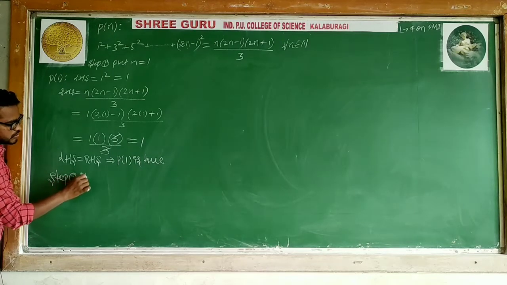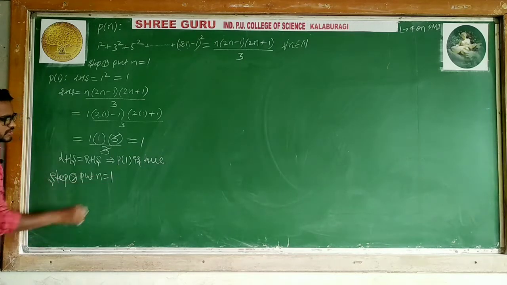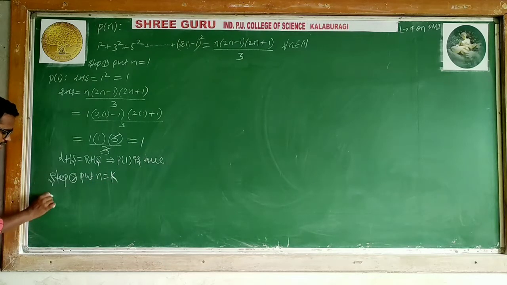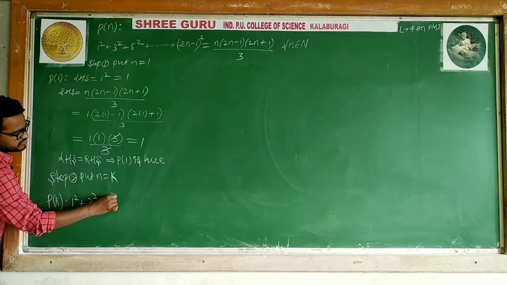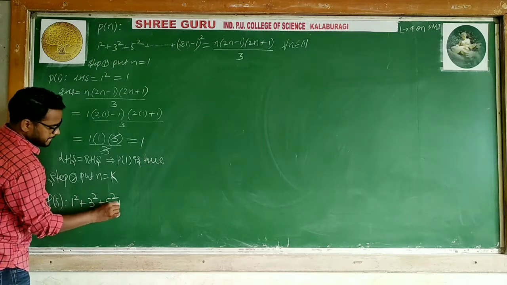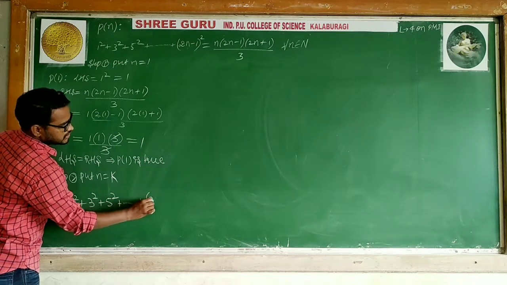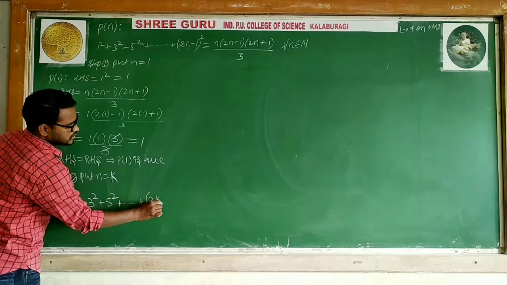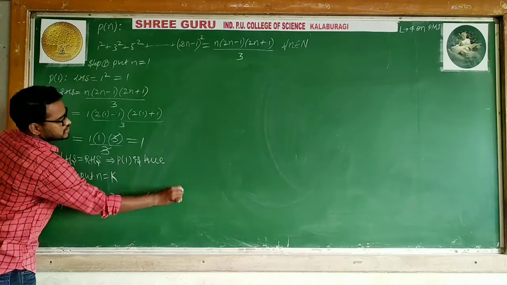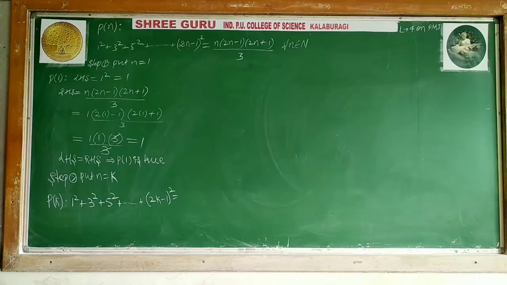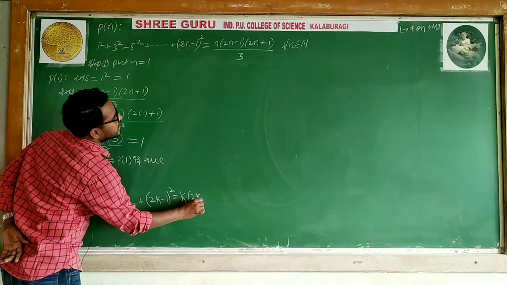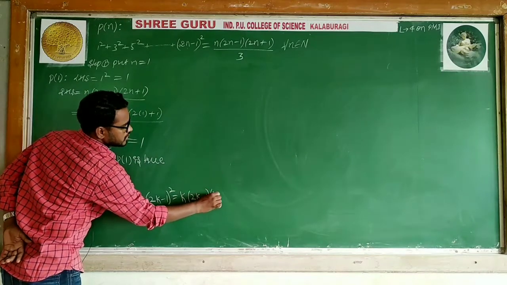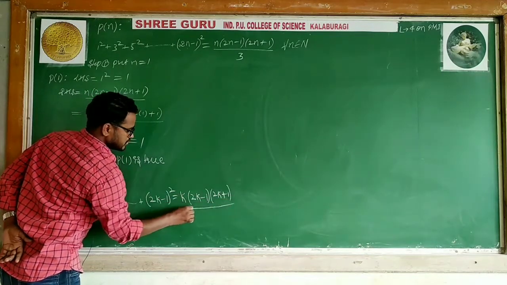Step 2. Put n is equal to k. P of k: 1 square plus 3 square plus 5 square plus and so on up to 2k minus 1 whole square is equal to k into 2k minus 1, 2k plus 1 divided by 3.